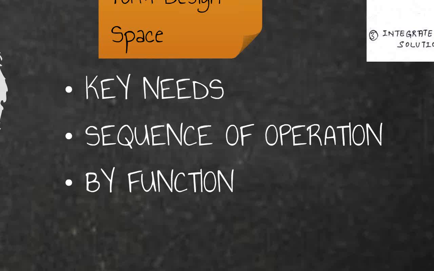Those services are designed by this sequence of operations. There is one more method of exploration, which is exploration by functions of various parts, which form the sub-assembled parts that combine together to form the complete artifact. For simplicity of understanding, we will be focusing completely on the key needs exploration method.